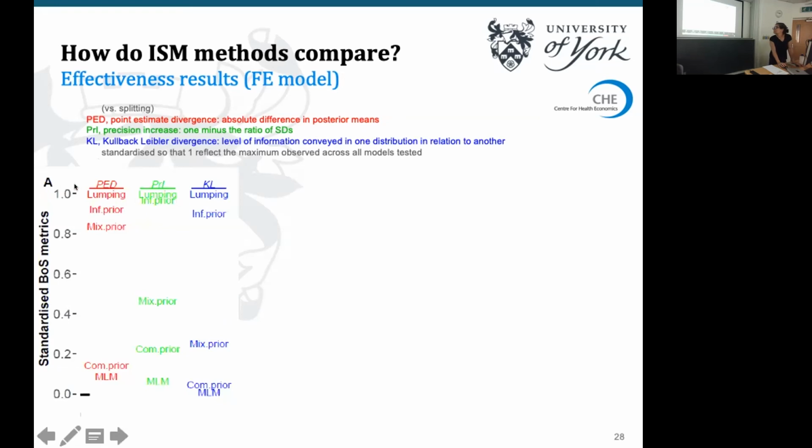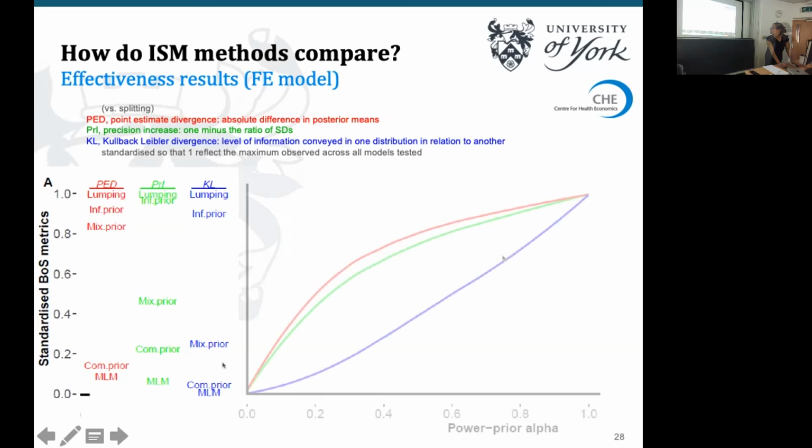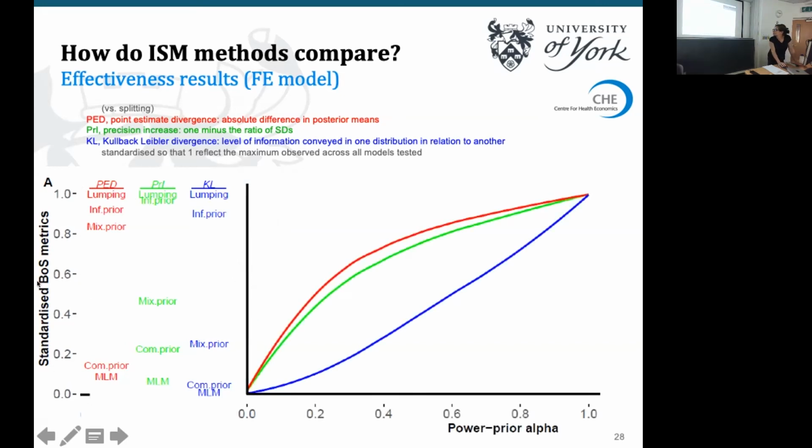So you can see that lumping obviously gives you a high level of these three metrics. In this plot, you can see those three metrics in red, green, and blue, and the axis indicates the level of each metric for the different models. In the graphs, you have the power prior models for varying alpha, so the x-axis represents the alpha of the power prior.